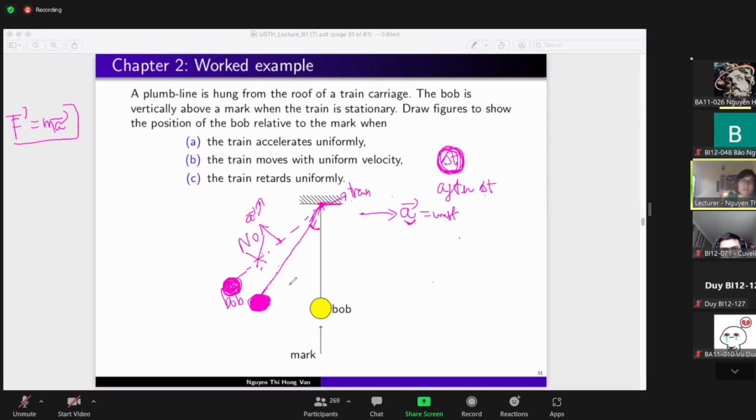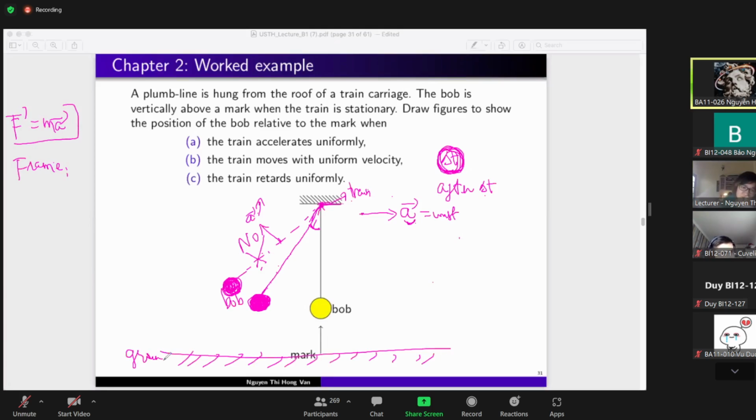We have the two frames. The first frame, we have the two observers. The frame with the mark is on the ground. Here is the ground. Here is a train, and the train is moving on the ground.